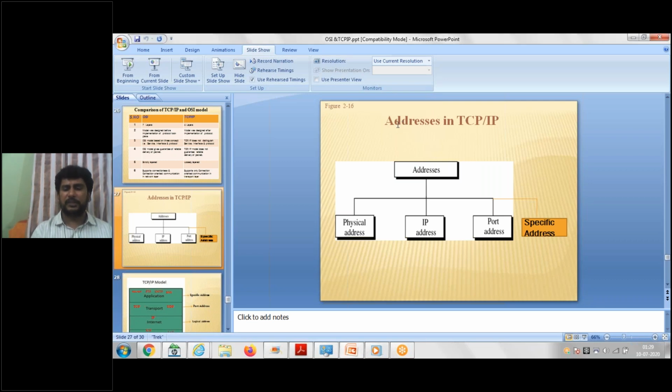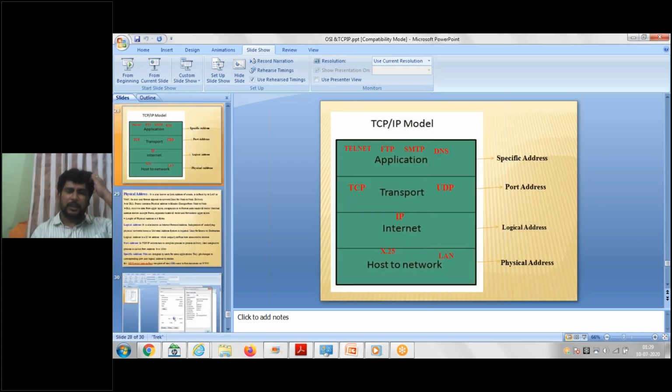The physical address is concerned with the data link layer, the logical address or IP address is concerned with the internet layer, the port address is concerned with the transport layer, and the specific address is associated with the application layer.